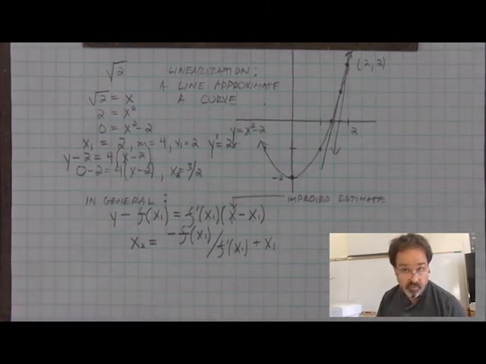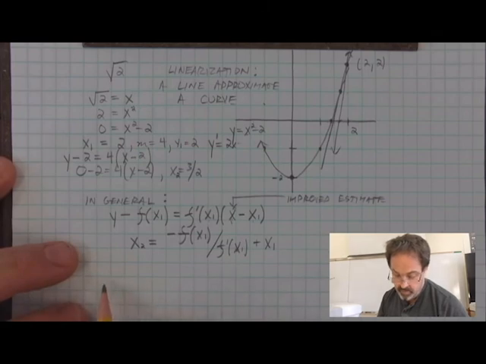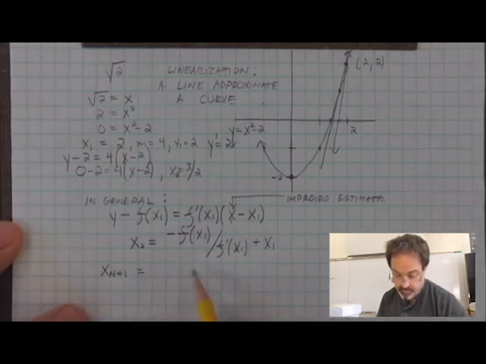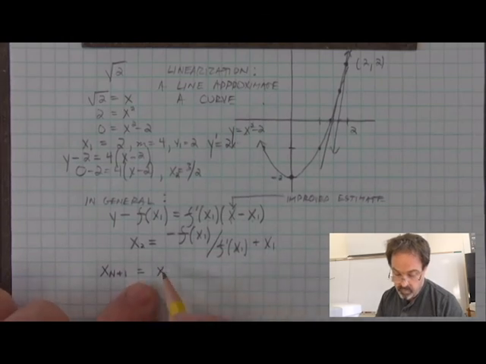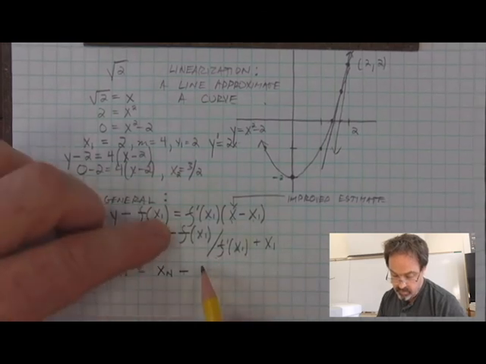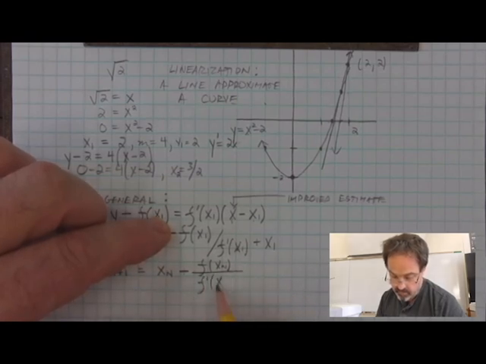Or, in even more general terms, you can repeat this process indefinitely to improve estimates. In this case, we'll call it x sub n plus 1, one more improved estimate over x sub n, and it will be equal to, starting with the cruder estimate x sub n and adding a negative, which we could turn into subtraction, the value of the function at that estimate divided by the derivative of the function evaluated at that estimate.